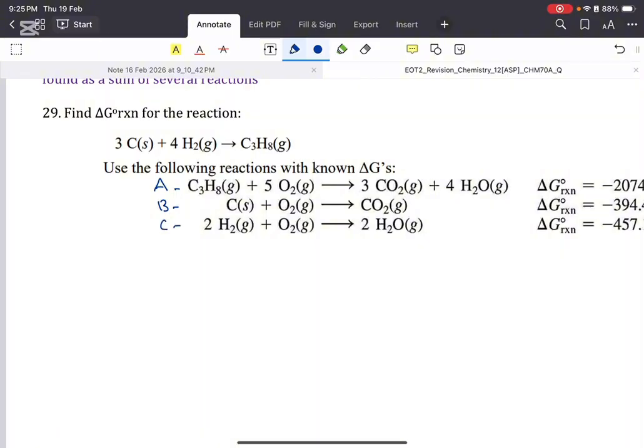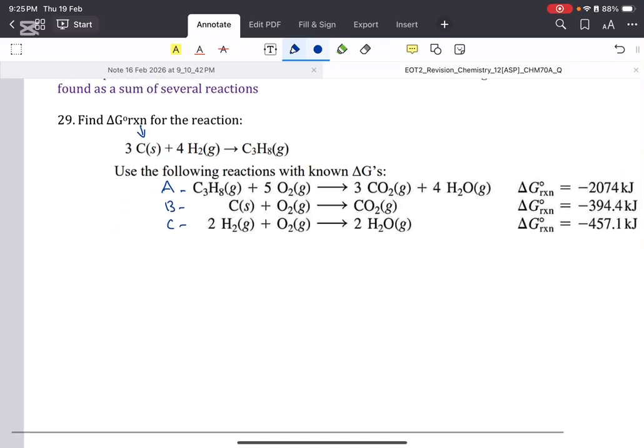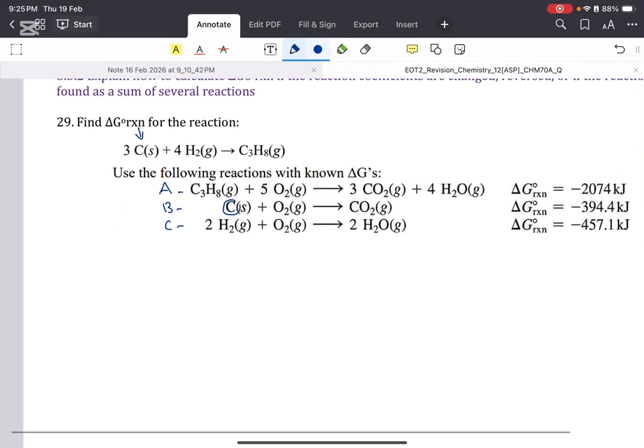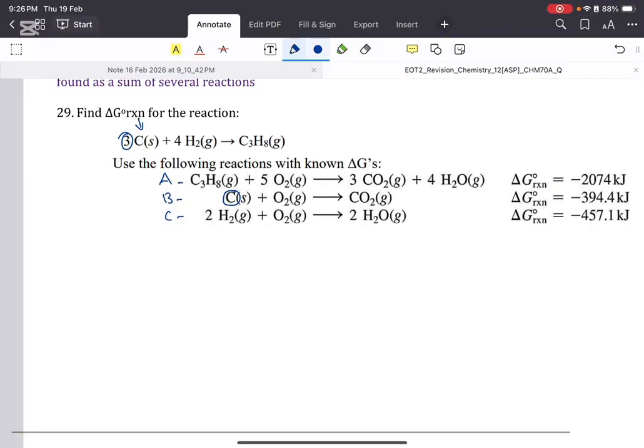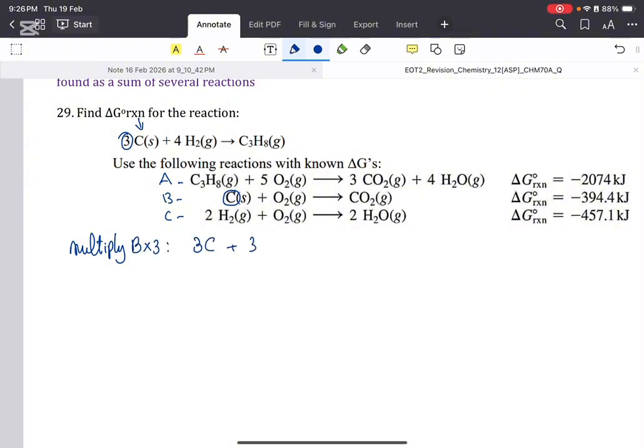Now I'm going to look for carbon that I have over here. I'm going to find it in the equation. I find it in B, sorry. I need it to be a reactant. It's already a reactant, but I need it to be multiplied by 3. So I'm going to multiply equation B by 3, and I'll write it 3C plus 3O2 gives 3CO2.